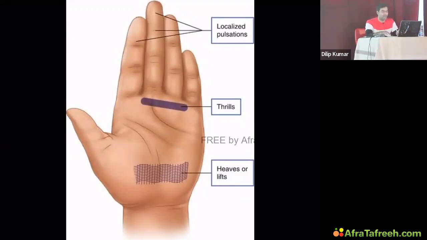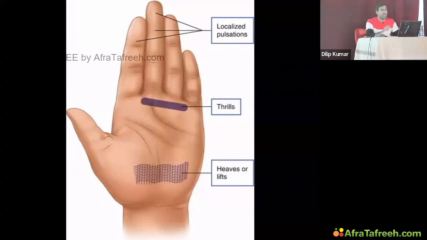For example, for any localized pulsation, you're going to use the tip of the fingers. And for thrills, you have to use the metacarpal area, the head of the metacarpals. This is the area of the head of the metacarpals of the hand. So that is the area you are going to choose for looking at thrills. And for heaves and lifts, it's better to use the area near your wrist.